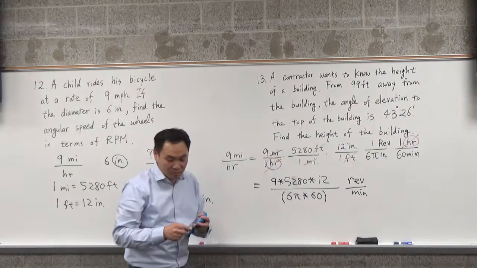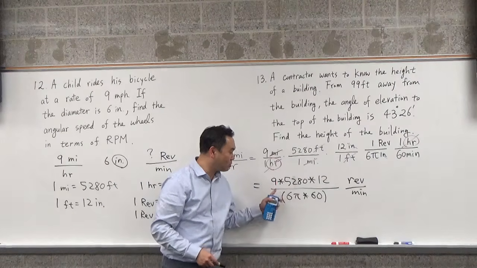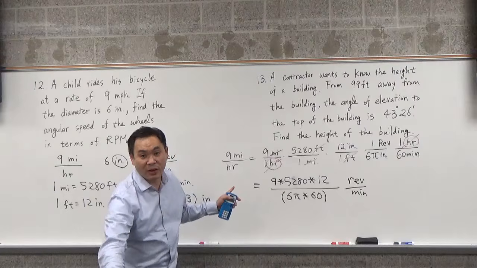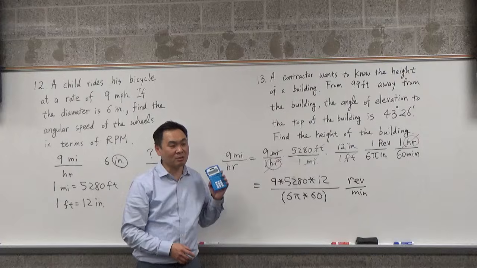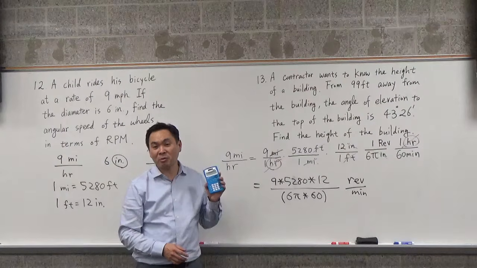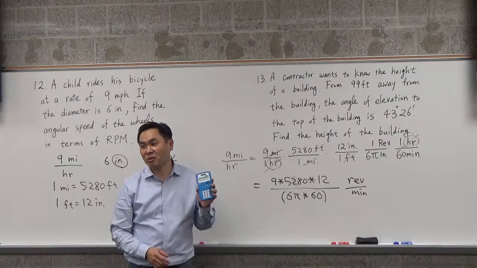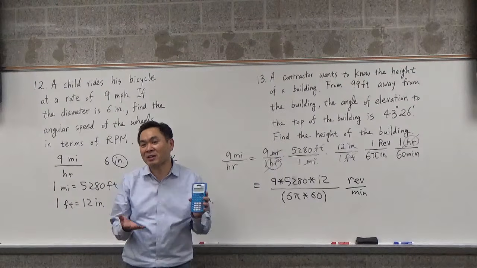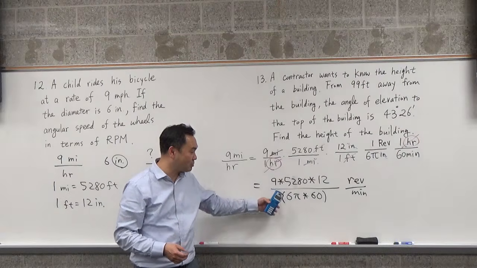Since the entire thing is being divided from here, you need to put a parenthesis. If you fail to do that, you're going to get it wrong. Although the calculators that allow parentheses are easier to use, it gives you more ways to fail. In fact, that's what happens a lot. When I grade exams, a lot of people get this wrong because they forget the parentheses.